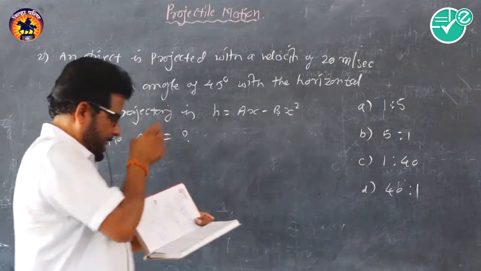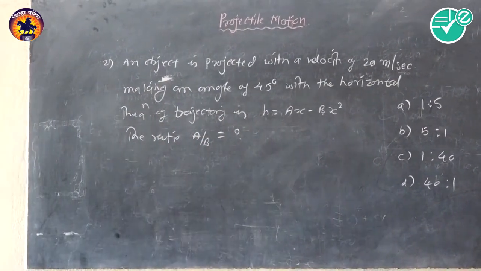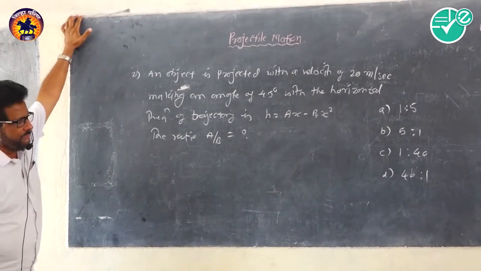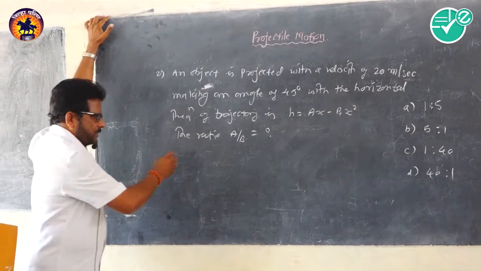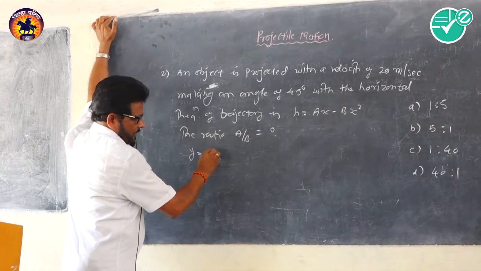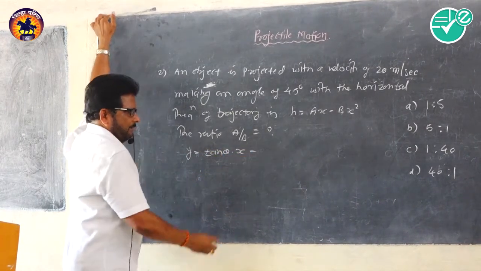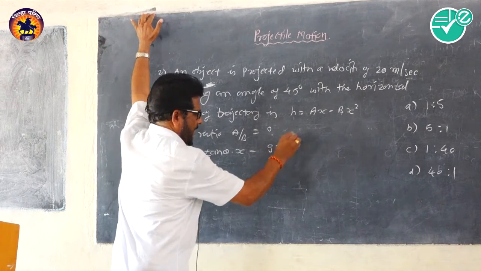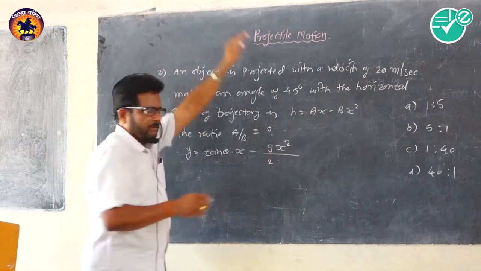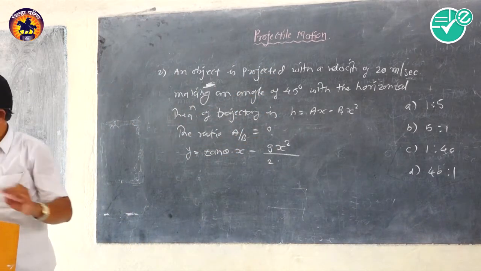We have to find the ratio A as to B. Now for this projectile motion, the equation of the projectile is y equal to tan theta into x minus g x square upon 2 u square cos square theta.